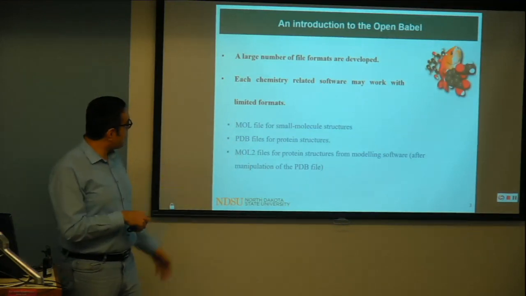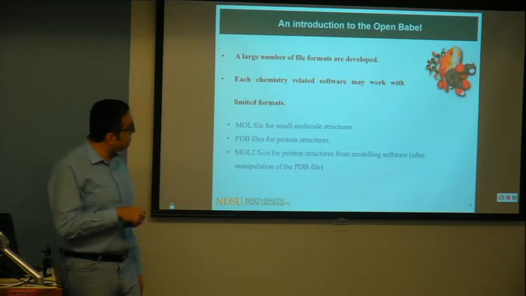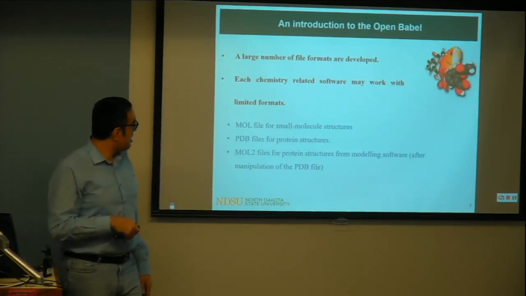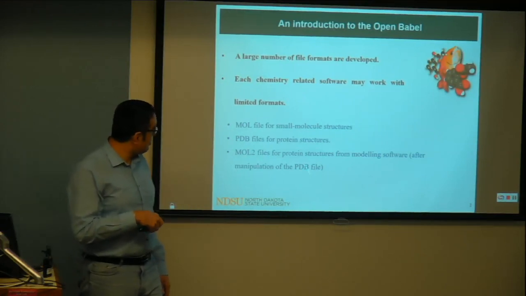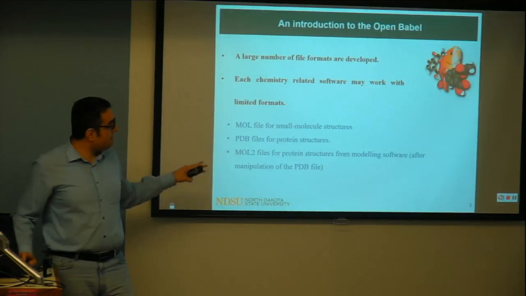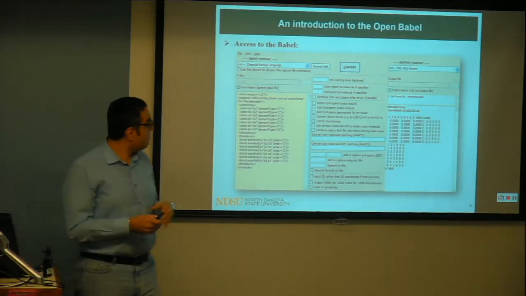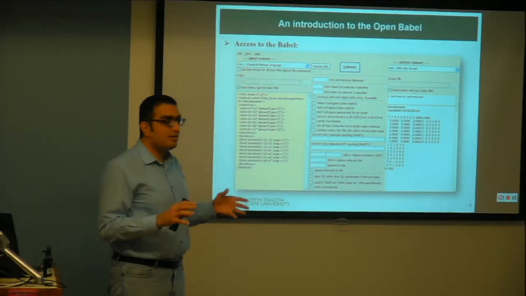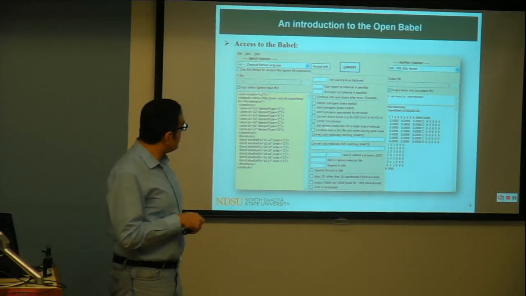Also, there are some common formats, for instance, MOL files for small molecules, PDB files usually for protein structures, or MOL files again for modified protein structures. Each of these files can be converted to other formats using OpenBabel. If you use the Windows interface for Babel, this is a snapshot of the software.